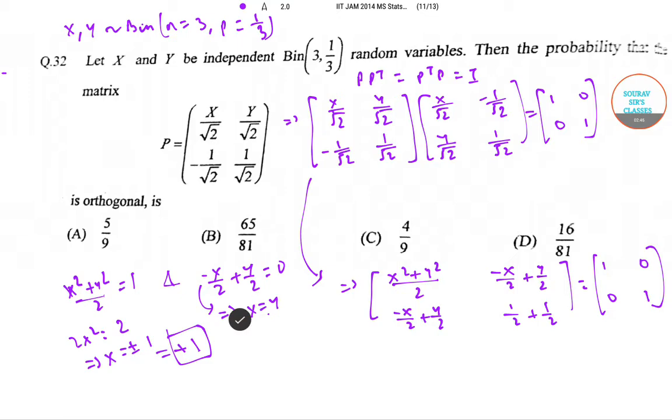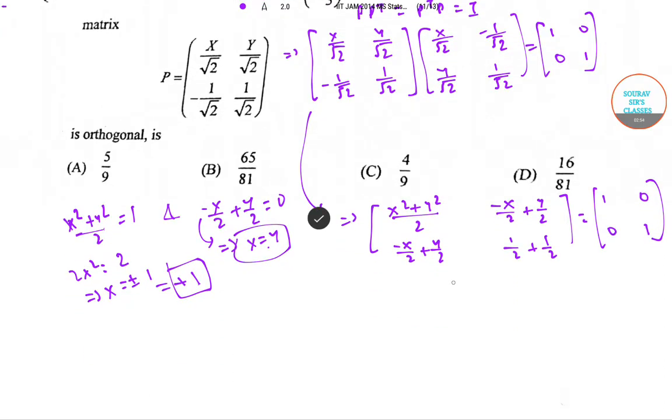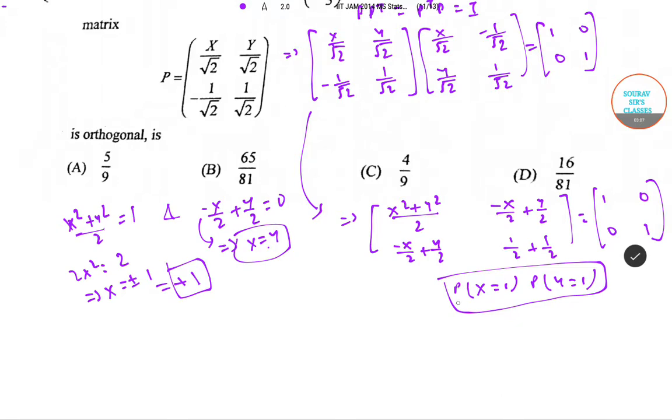So using these two conditions, the matrix will be orthogonal only if x is equal to 1 and y is equal to 1. Once we find this probability, we get the probability that our matrix is orthogonal.